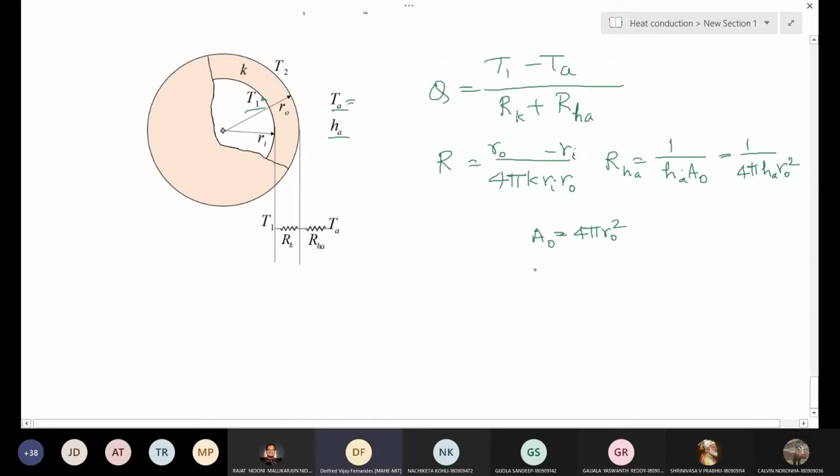Now we have to see that Q is maximum when R_k plus R_ha is minimum.